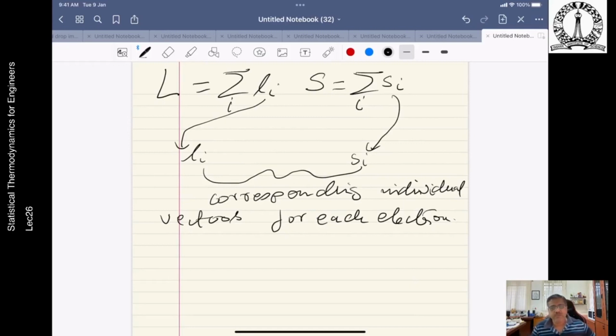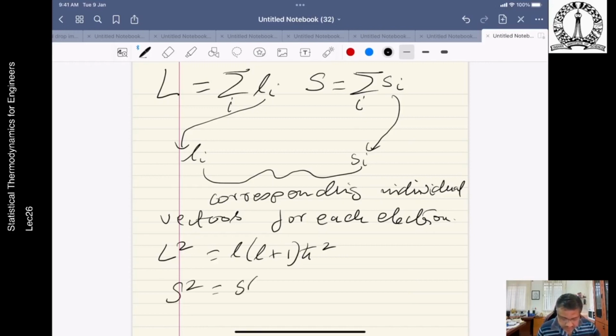Now we can draw an analogy. Let me rewrite the equation once again. If you recall, L square was L into L plus 1 into h bar square, and S square equal to S into S plus 1 h bar square.